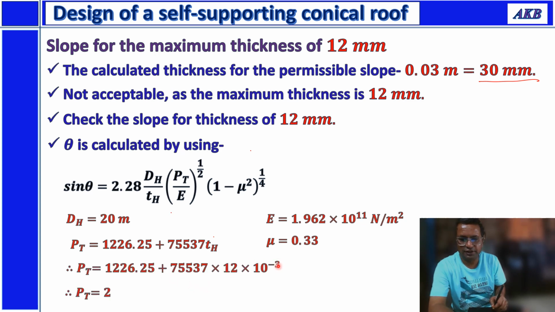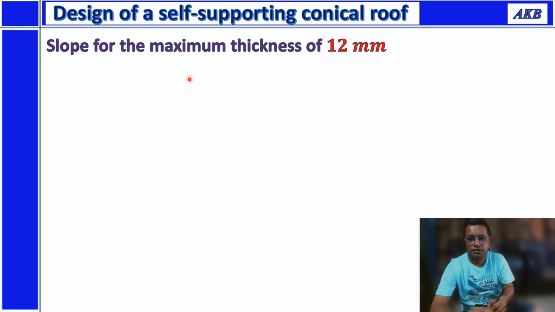PT, the total load, will be calculated for the thickness of 12 mm. For a thickness of 12 mm, you are going to get total load as 2132.69 Newton per meter square. So let us continue with our calculation. We are calculating slope for the maximum allowable thickness of 12 mm.